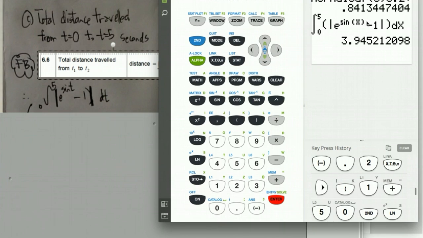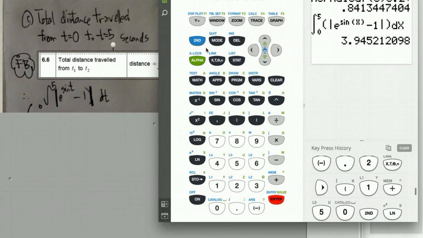So you have to hit the right arrow to get down to the regular location, minus 1, and the variable of integration has to be the same as the one in the function. Once you hit enter, the GDC will take a moment. It's a fairly complex operation, and it'll come up with the final answer of 3.94.